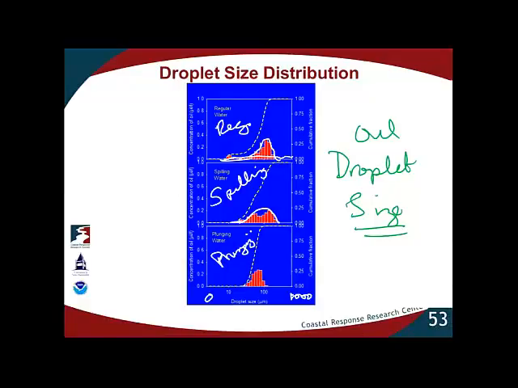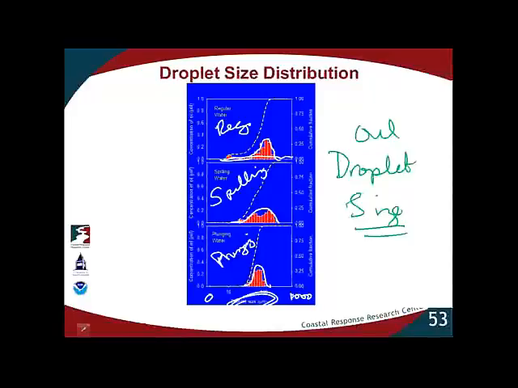Now, the key thing here to notice, all right, is that as we move to the plunging wave, we get a really, really tight distribution of the droplets, okay? All right, everybody set on that. Okay, the key thing to note is that the droplet size tends to be around 100 microns or so.